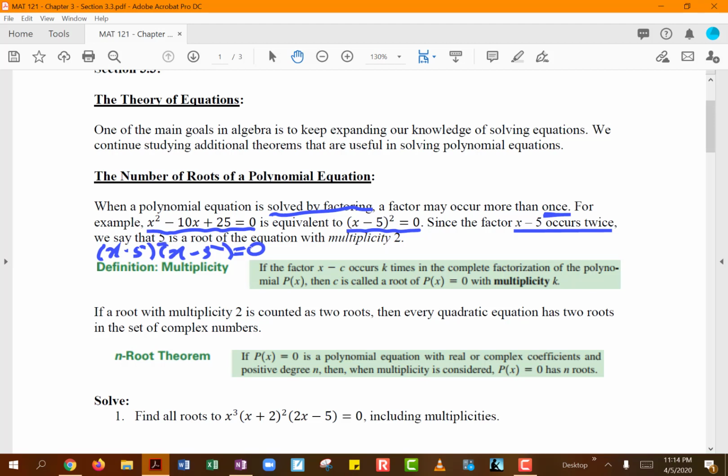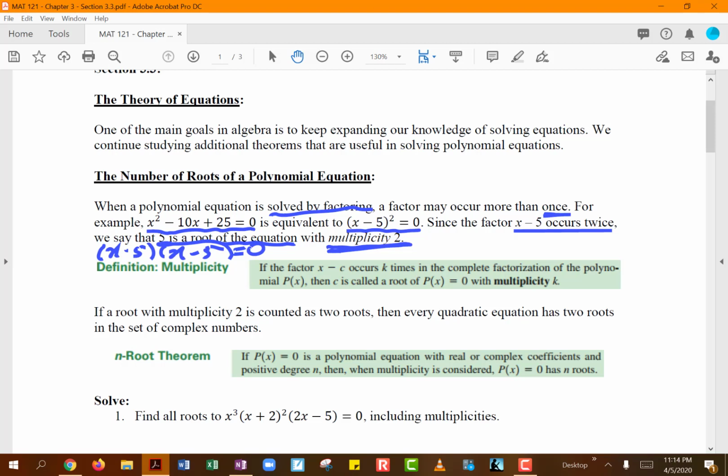So we can say 5 is the root of the equation, but since it occurs twice, from this factor of x minus 5, we say it has a multiplicity of 2, which means it's coming from two of the factors which happen to be the same factor, in this case x minus 5.